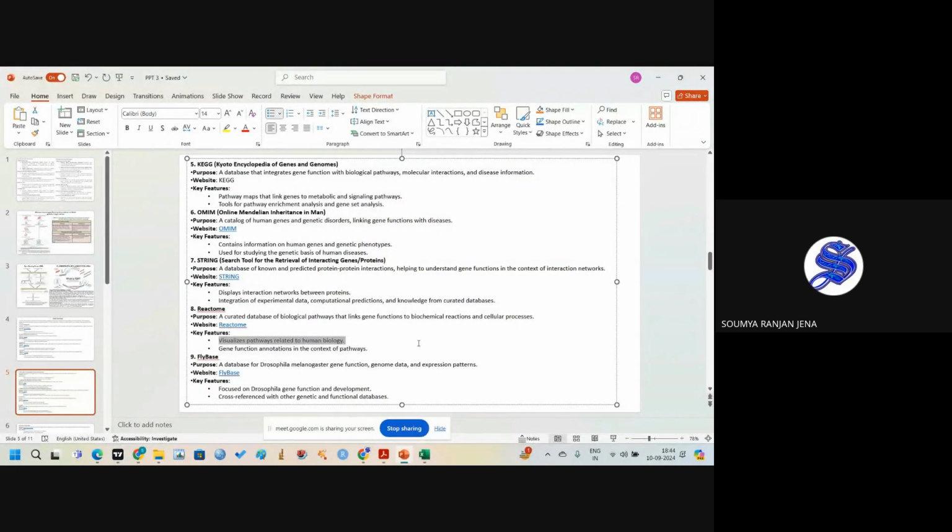Then FlyBase is a database only for Drosophila melanogaster gene function, genome data, and expression patterns, because we have used different model systems like Drosophila melanogaster, rat, mouse, and pig. These are called different models.